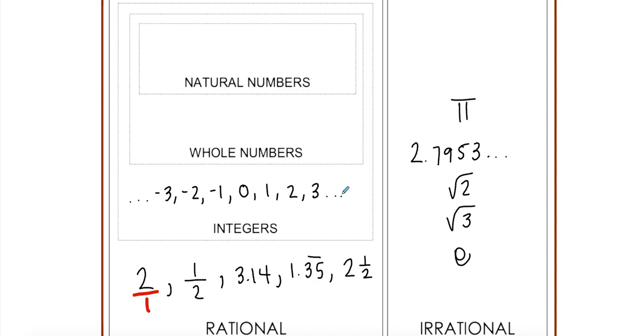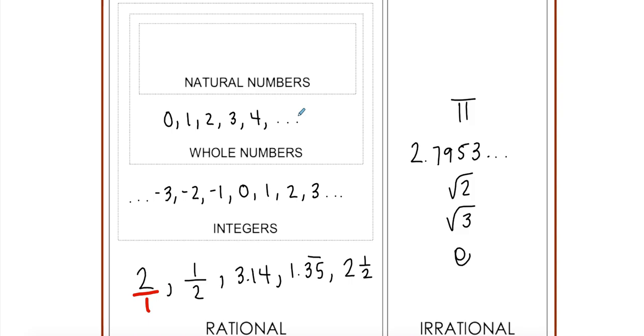Okay, so whole numbers and natural numbers are actually really similar. Whole numbers includes one number that natural numbers does not. Whole numbers includes 0 and then all of the positive integers. So this is 0, 1, 2, 3, 4, dot, dot, dot.